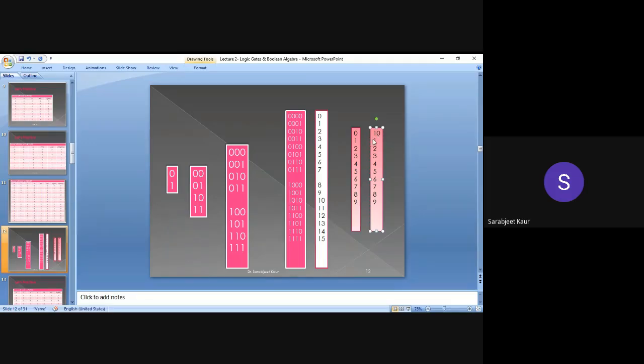I just start appending them with 1 in the most significant position, and I get the next 10 numbers. Then the next 10 numbers, how do we get them? By appending 2, and so on and so forth.